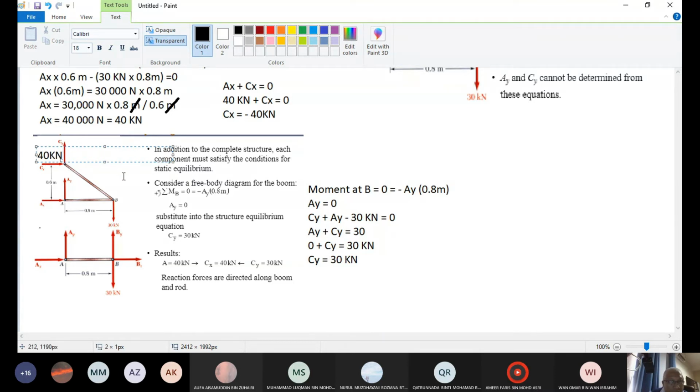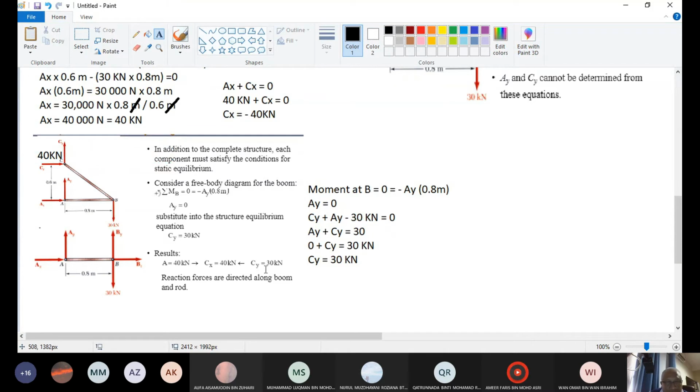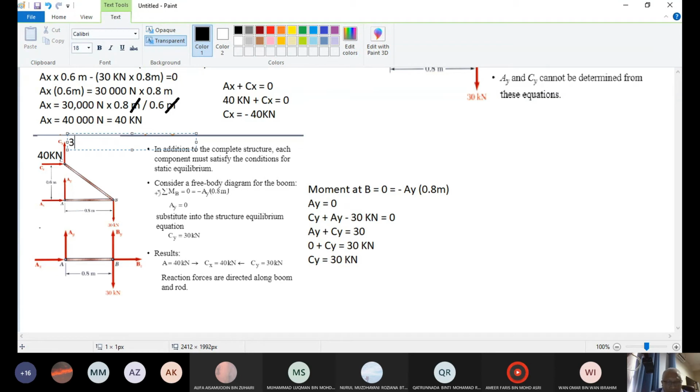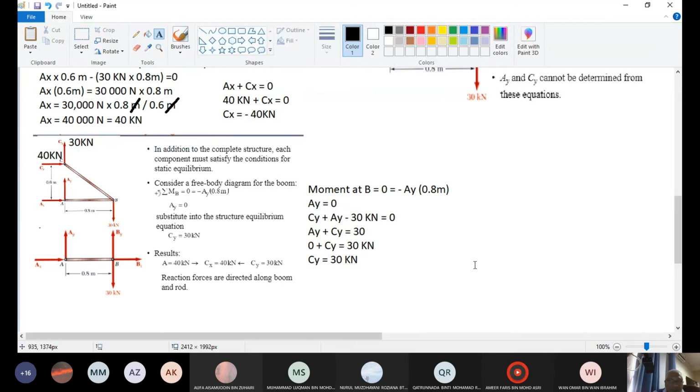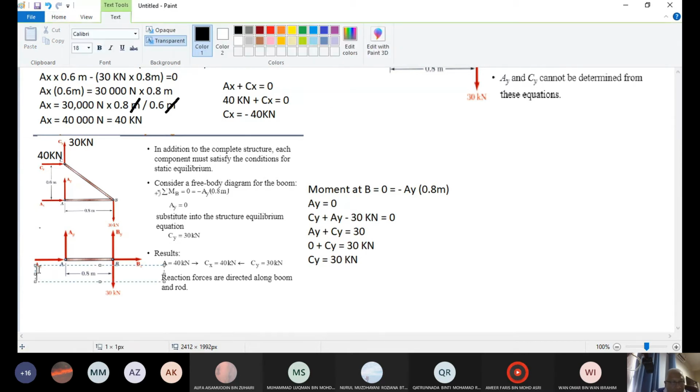Now we have CY moving up here. CY here is 30. So we have 40, we have 30. A here is 40.